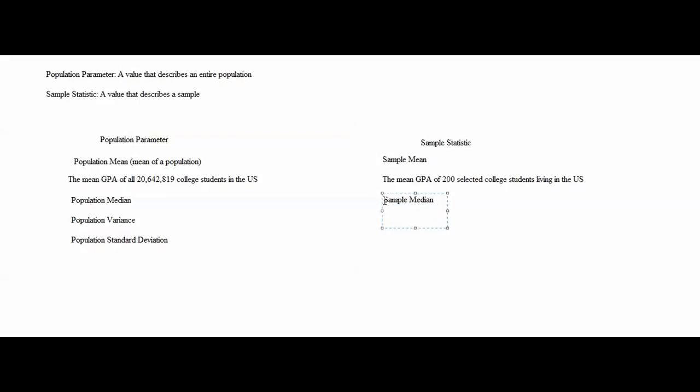If I calculated the variance of the 200 GPAs, I would have a sample variance. And if I calculated the standard deviation of 200 numbers, I would have a sample standard deviation, and that would also be a sample statistic.